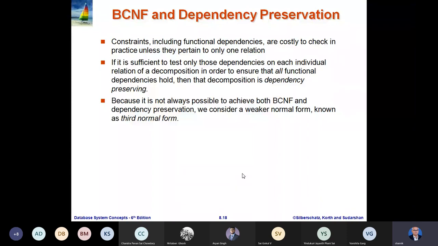This is different. What we are talking about is always going to be lossless, as we'll very quickly see. But even if it is lossless, it is not necessary that the BCNF decomposition will result in a dependency preserving decomposition.